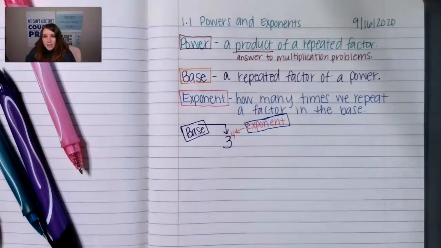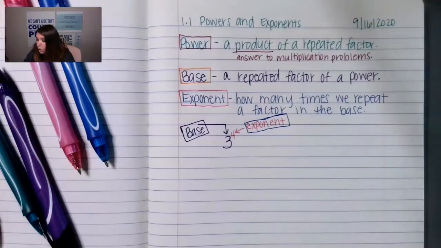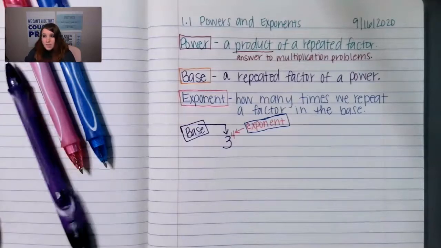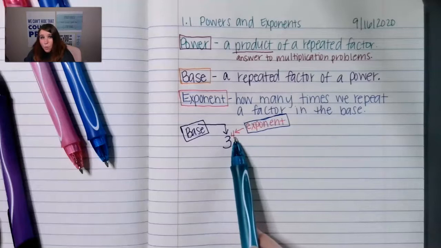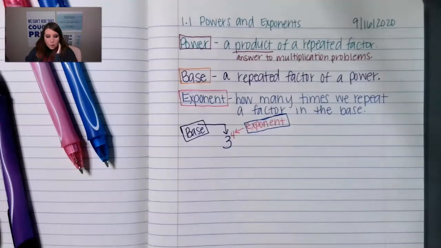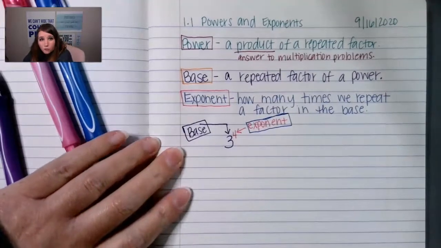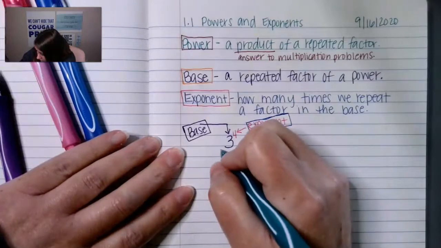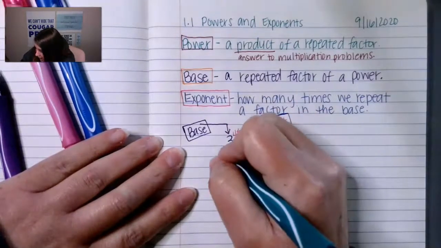All right, next, there's my exponent. We have this whole entire thing, 3 with an exponent of 4. This is called the power. So we read this as 3 to the power of 4. These two numbers go together and they are known as the power.